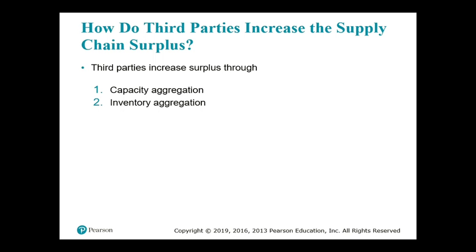Because of the inventory aggregation effect, they can cancel out some of the demand uncertainties between different customers, and these customers by themselves cannot achieve this inventory aggregation effect. So by sourcing inventory from these outside parties, the customers are able to decrease their inventory cost.